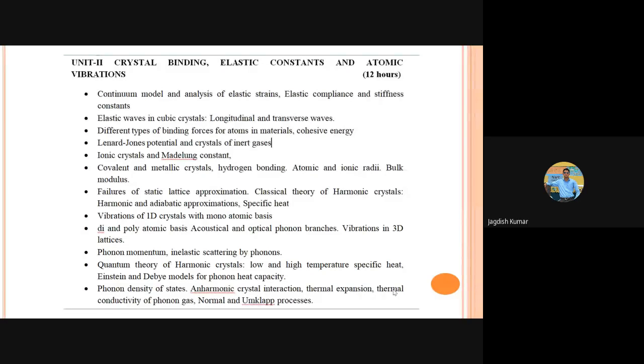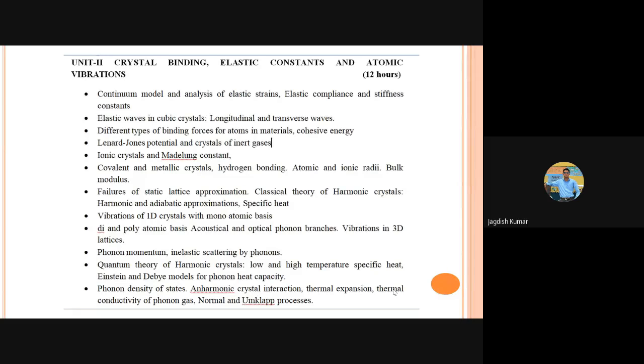In case we ignore those atomic vibrations, we term that model the static lattice approximation, where we assume the crystal to be something like a rigid body where atoms don't move relative to each other. They are fixed at their specific positions.